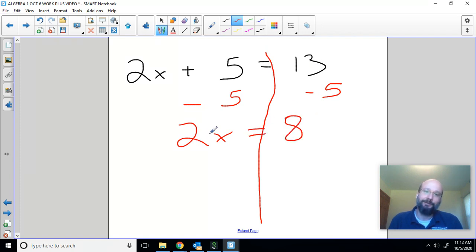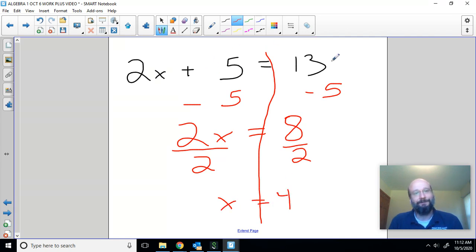And now we're going to divide by 2 from both sides. And then we have x equals 4. So we move the 5 first, and then we divide. That's not always, but 95% of the time, what you're going to want to do. And you're going to want to remember that whatever you do to one side, you have to do to the other side. So we subtracted 5 from both sides, and then we divided by 2, and we get 4.